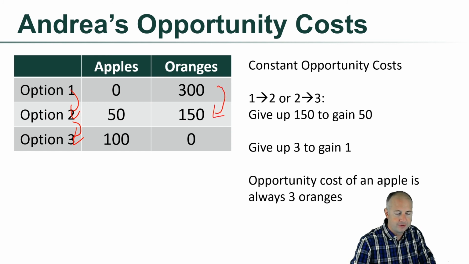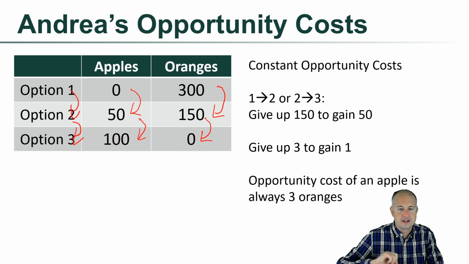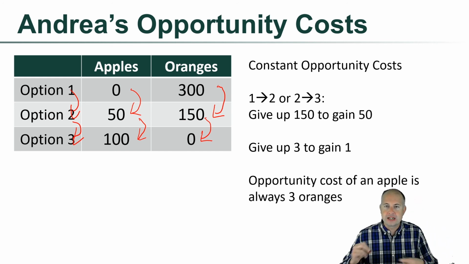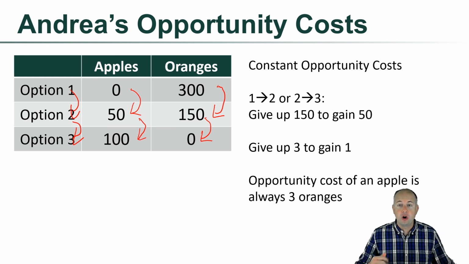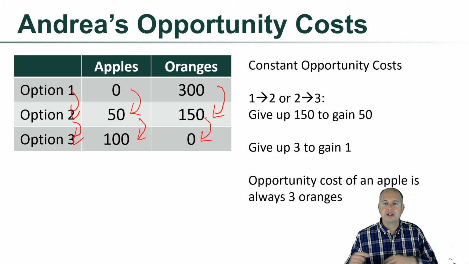Notice she's giving up 150 here, giving up 150 here, and gains 50 apples each time. Gain 50, gain 50. So give up 3 to gain 1. The opportunity cost of an apple is always 3 oranges. So this is not often realistic, but it simplifies the math a lot for what we need.